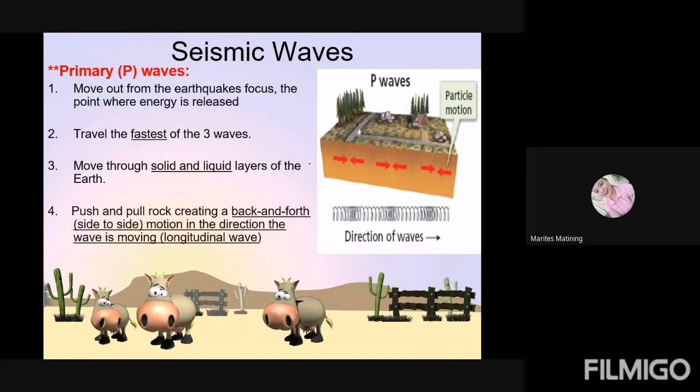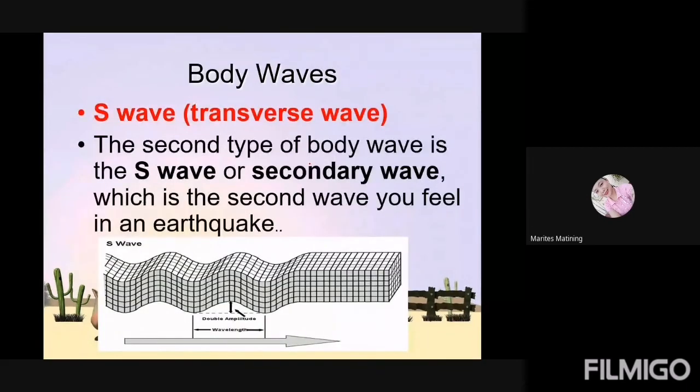So, primary waves push and pull rocks, creating a back and forth, side-to-side motion in the direction the wave is moving. Primary waves are also a type of longitudinal waves.